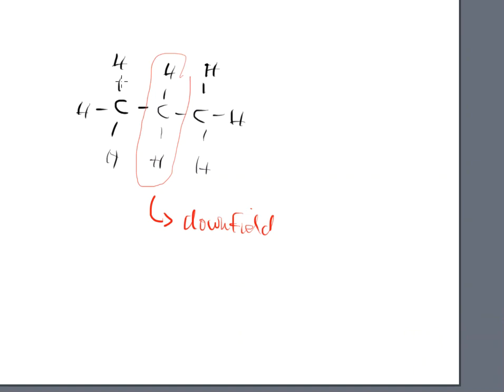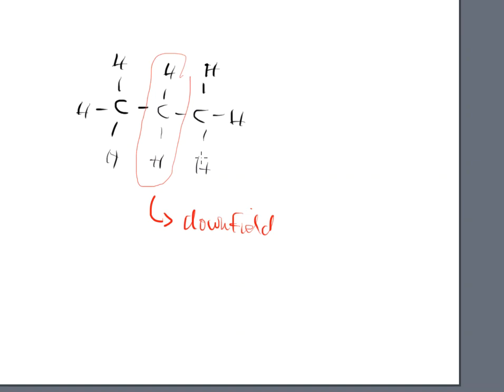Because it looks like the left-hand side and the right-hand side are surrounding the middle carbon and the middle hydrogens. If they're surrounding it, doesn't that mean that it's more shielded? And if it's more shielded, doesn't that mean that it's not as affected by the magnetic field anymore? And wouldn't that be upfield and not downfield?